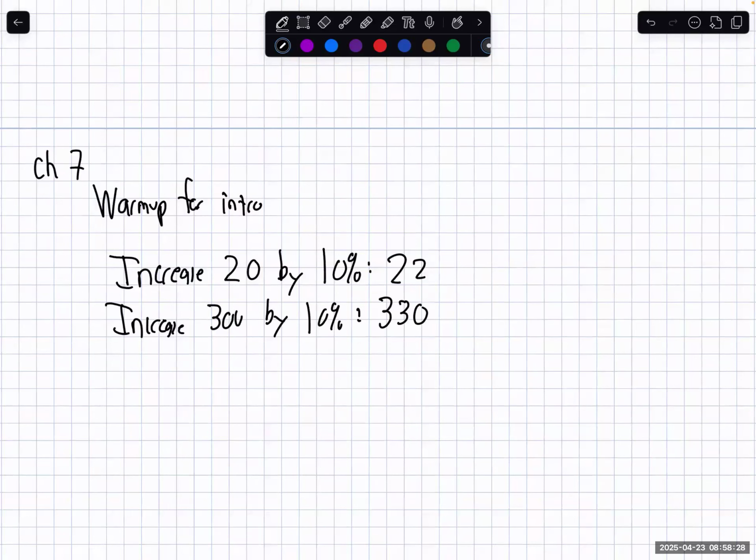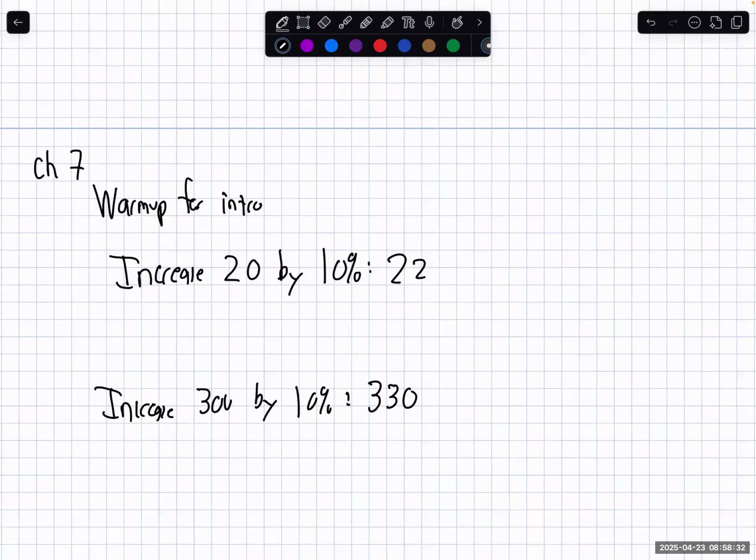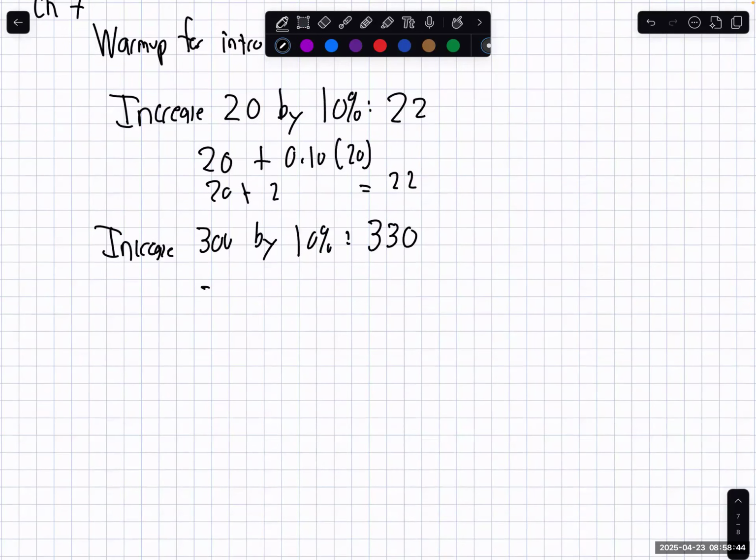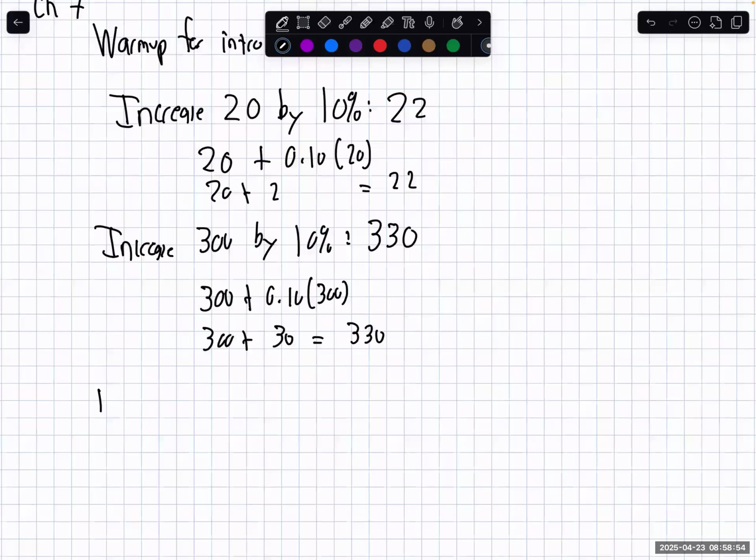The calculation you're making here is you've got your 20, and then you add 10% of 20, which is 20 plus 2, which is 22. 300 plus 10% of 300, 300 with 30 added to it, you get 330.